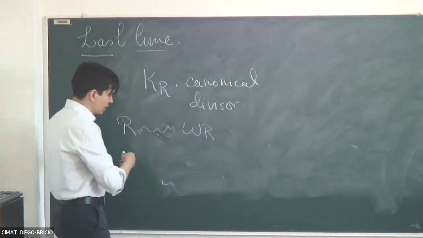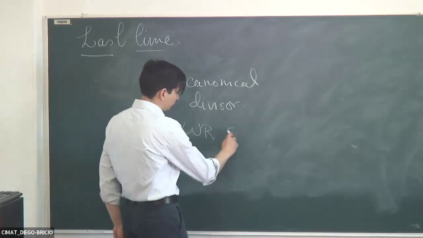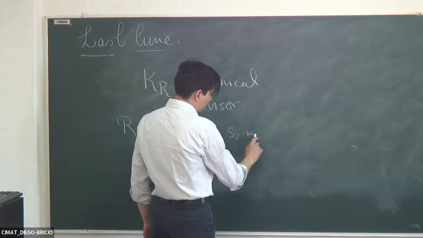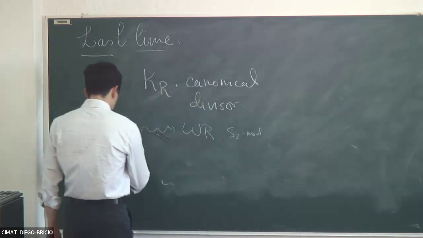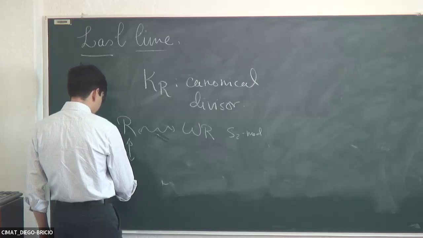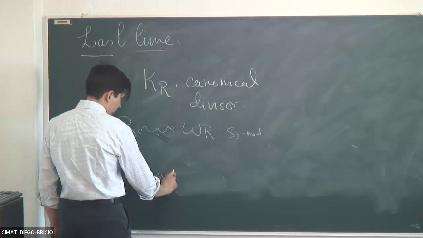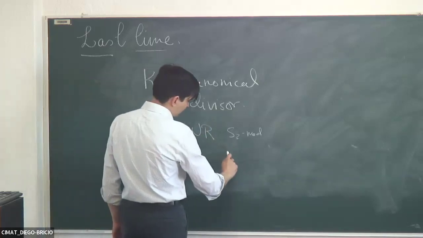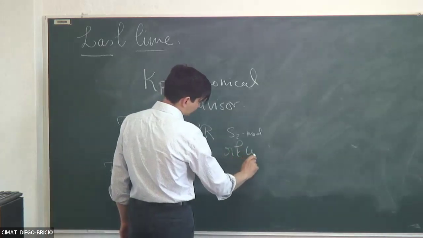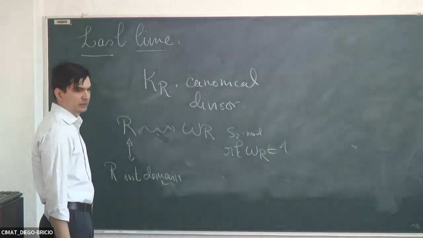Right, so we know that very generally, if R is S1, this is an S2 module. So if R is an integral domain, then we can say that it also has rank 1. But to define the rank, R has to be an integral domain, right?